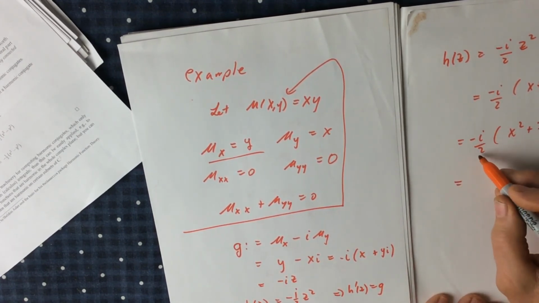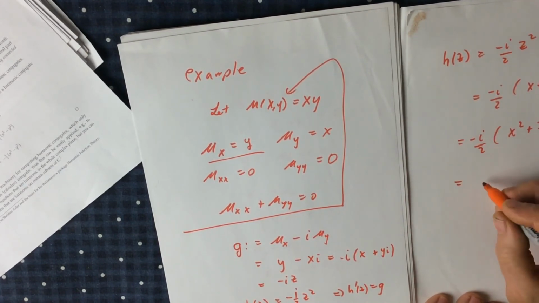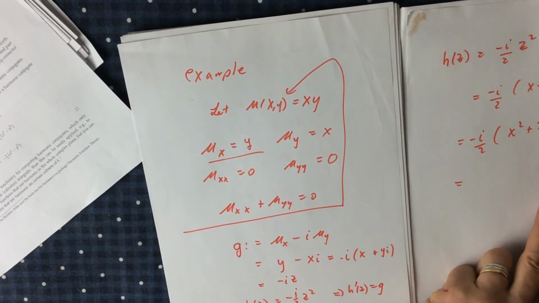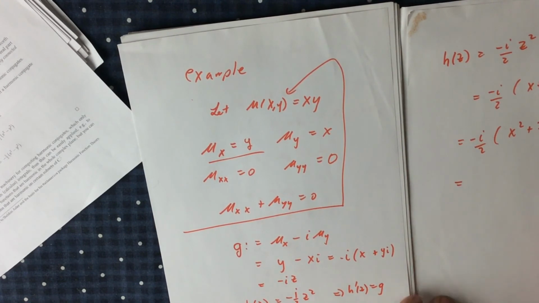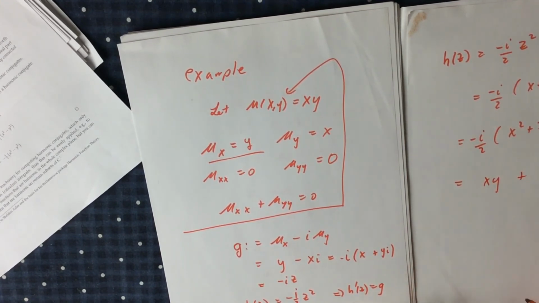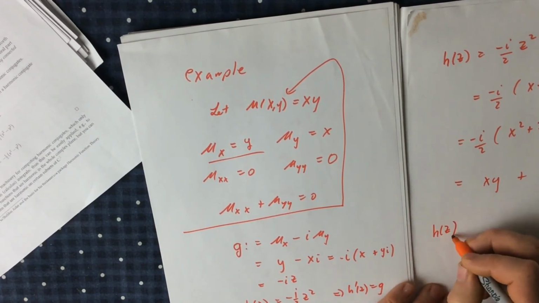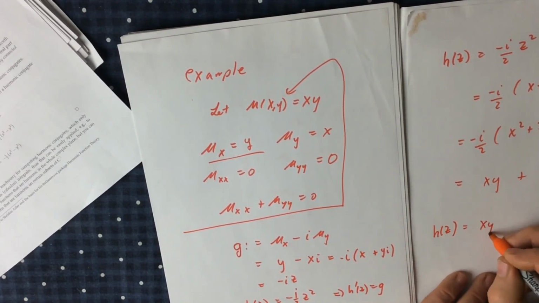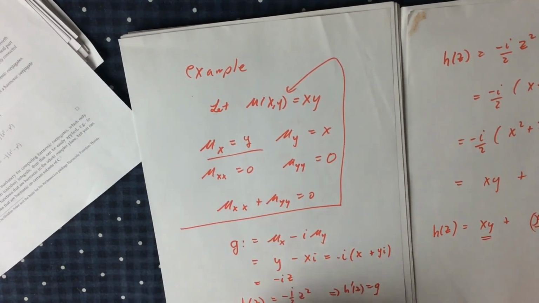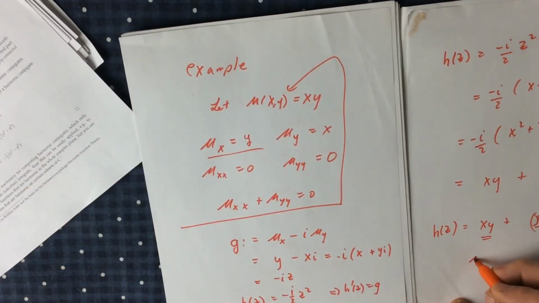So minus i over 2 x squared, minus, so we're going to get a y squared minus x squared over 2, and we're going to get an xy, and lo and behold, our function h of z, which is xy plus i times y squared minus x squared over 2, is a holomorphic function where we have the mu in front.